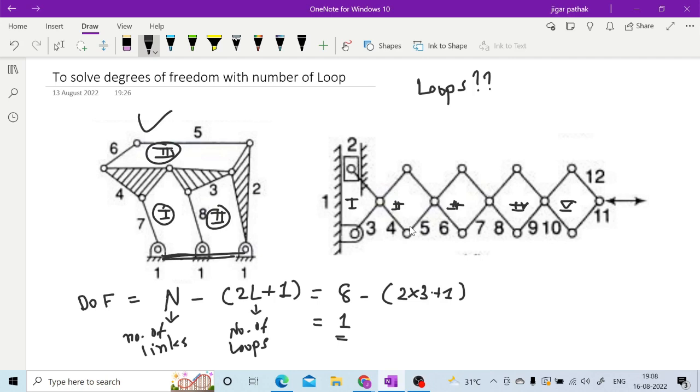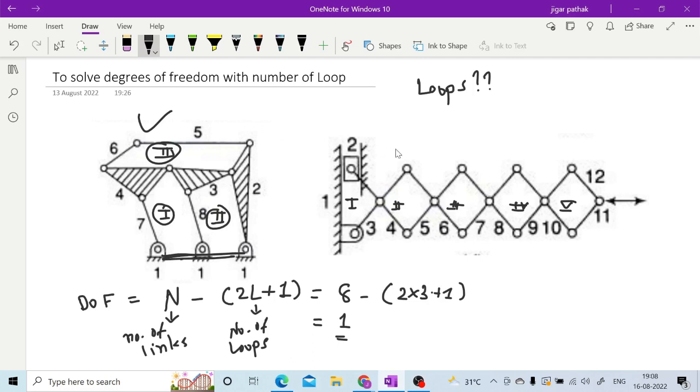Yes sir. Dhruv, we are finding the degree of freedom for the mechanism shown on your slide. Is that okay for you now? Yes sir. Okay, let me continue please.